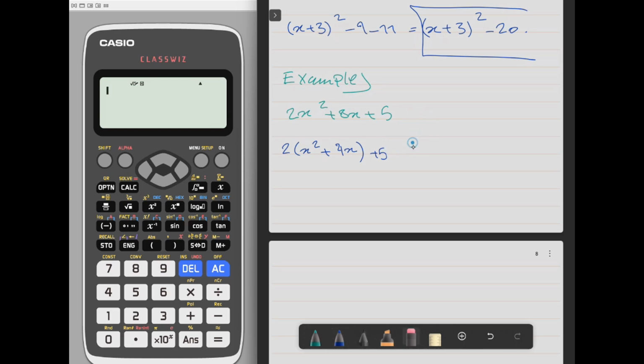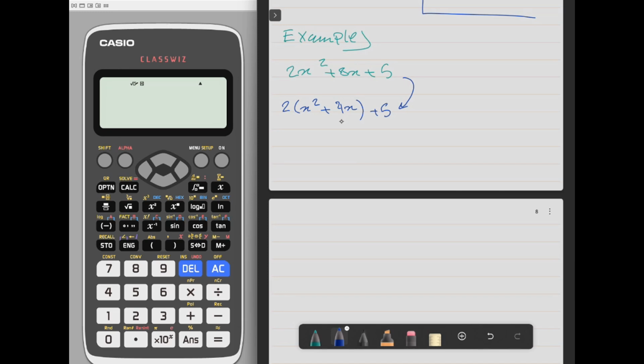So, plus 5. And you see that x squared plus 4x is in the expansion of x plus 2 squared, which will be x squared plus 4x plus 4. Oh, no, wait, I don't have this plus 4 here.